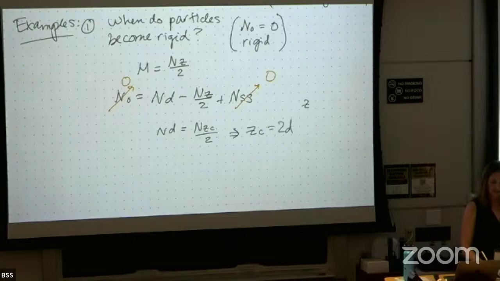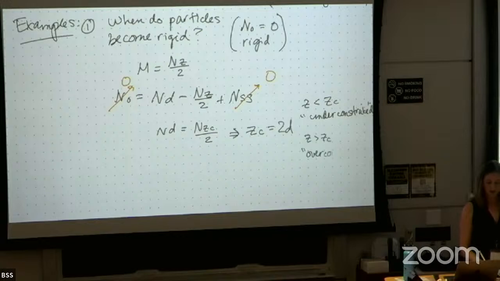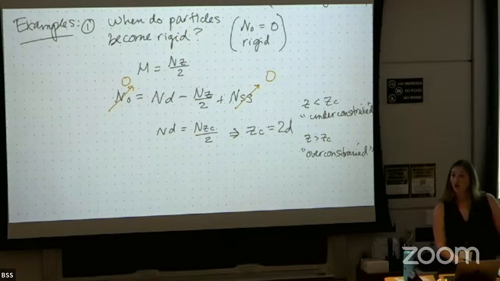Okay, and if Z is less than ZC, I'm underconstrained. This is just the language people use in the literature. Underconstrained. And if Z is greater than ZC, I am overconstrained. And you'll notice that in Professor Das's lectures, she focused on systems that were overconstrained.